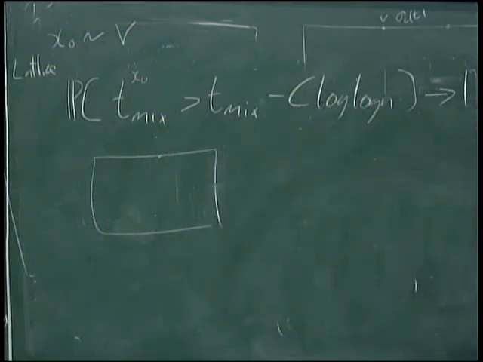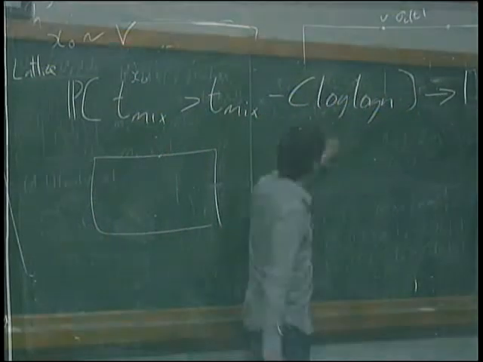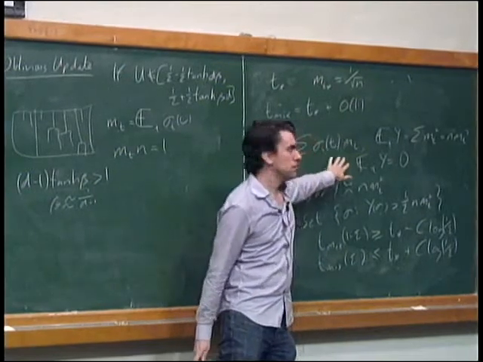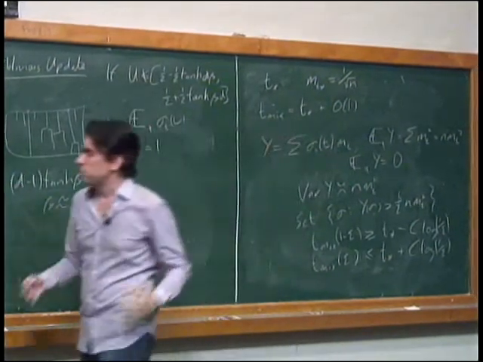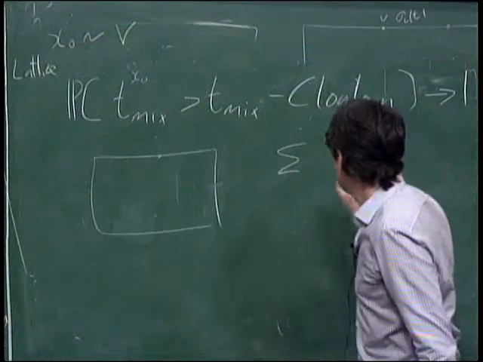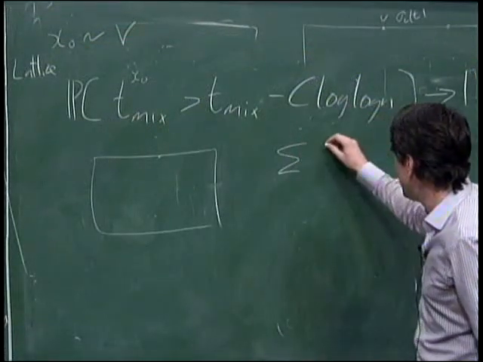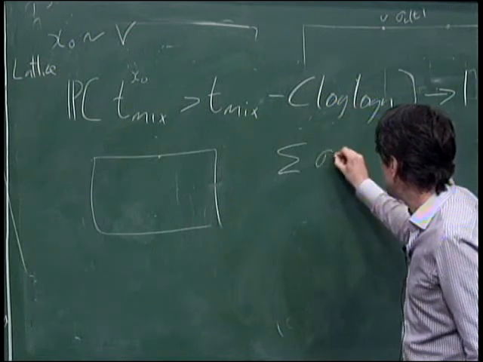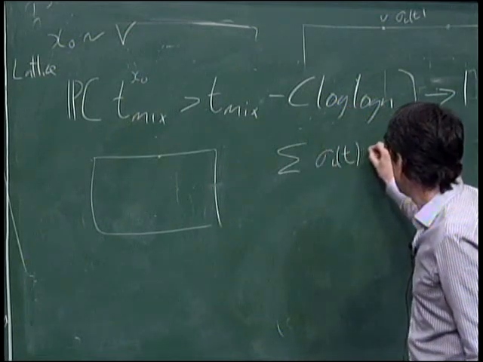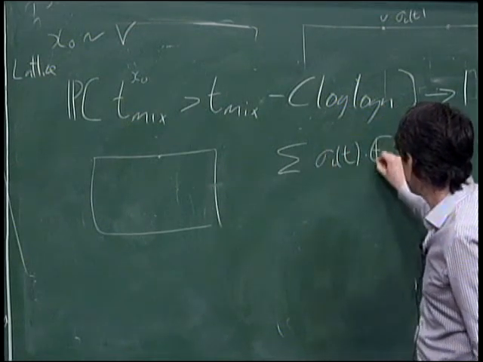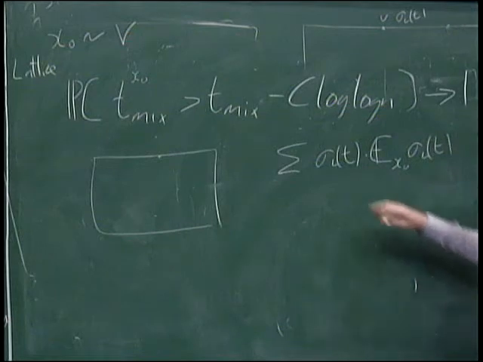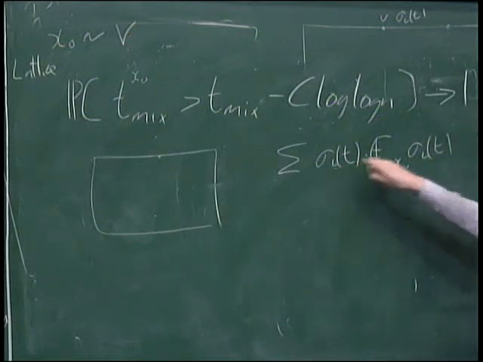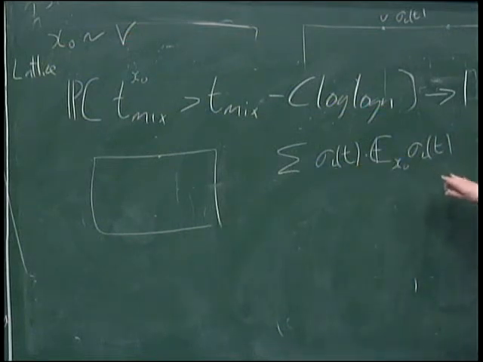We'd like a test function a bit like this one, where we look at the magnetization, the sum of the spins. But now we should look at the sum of the sigma vt times the expected value starting from x0 of sigma vt. So we should weight these by their expected value.